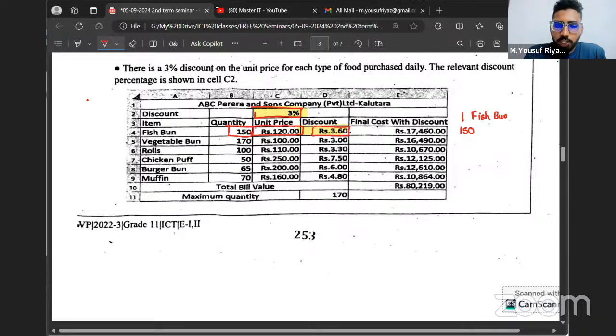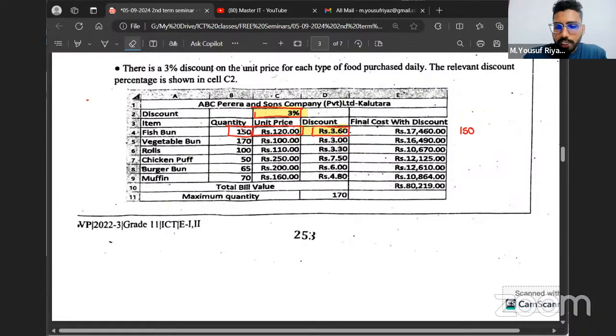You can see the value of a fish bun is 120, almost close to 100 rupees, and the discount is 3 rupees. If on 100 rupees the discount would be 3 rupees, then on 120 the discount will be slightly more than 3 rupees. But if it's 150 buns, the total discount should be greater than this. So if it's 3.60, obviously it must be referring to the discount of one specific fish bun.